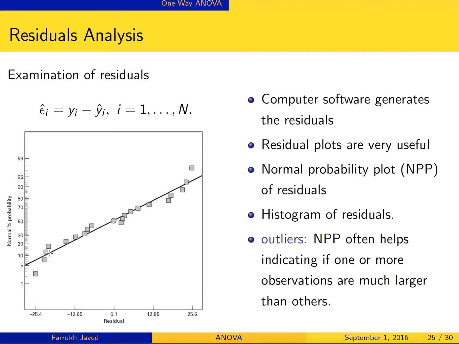If the values are on that straight line, it means the residuals are normal. If they're not on the straight line, they are deviating from normality, which they should not be, and then we should not consider that model. Sometimes we plot a histogram to see if we get a balanced, bell-shaped curve or not.